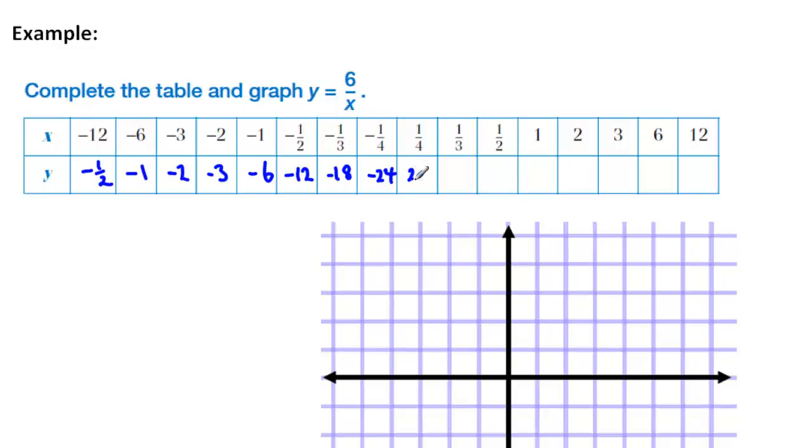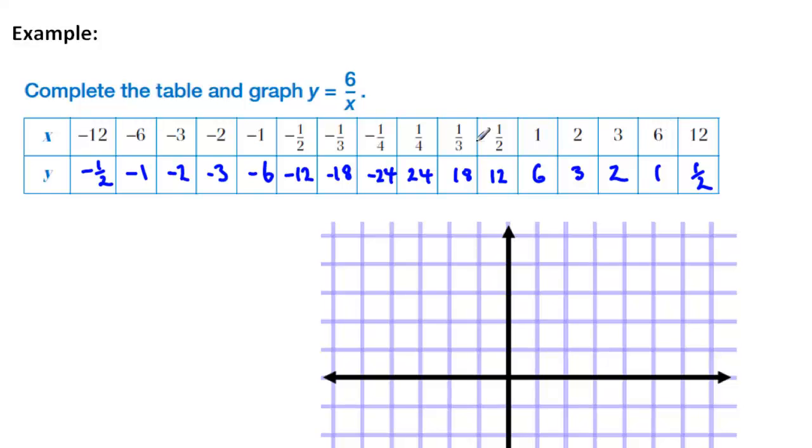There's 24, 18, 12, 6, 3, 2, 1 and a half. Now, if you didn't get any of those correct, you must check and see why.